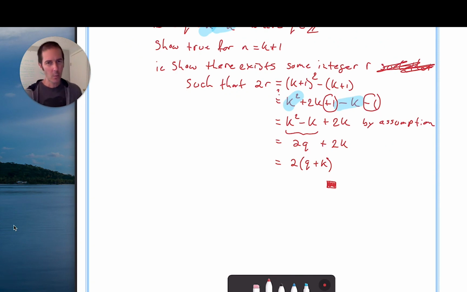You might be thinking, wait a second, I don't believe you. The left-hand side does not look like the right-hand side. What were we trying to find? We were trying to show that there exists some integer r such that 2 times that integer equals 2 times some integer. Is q plus k an integer?